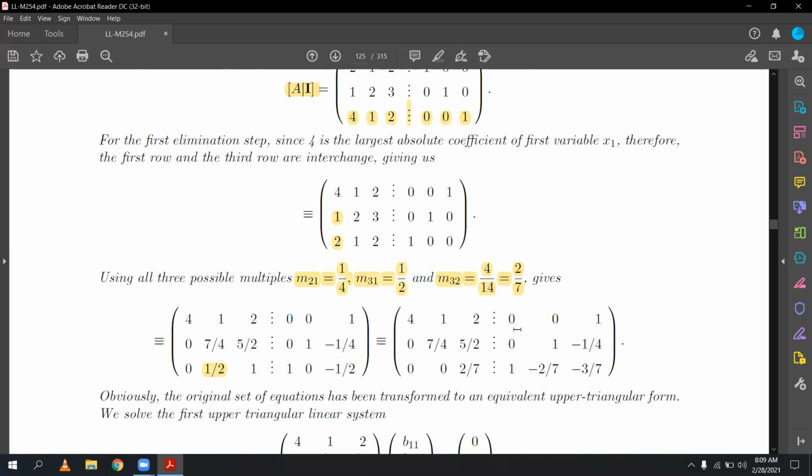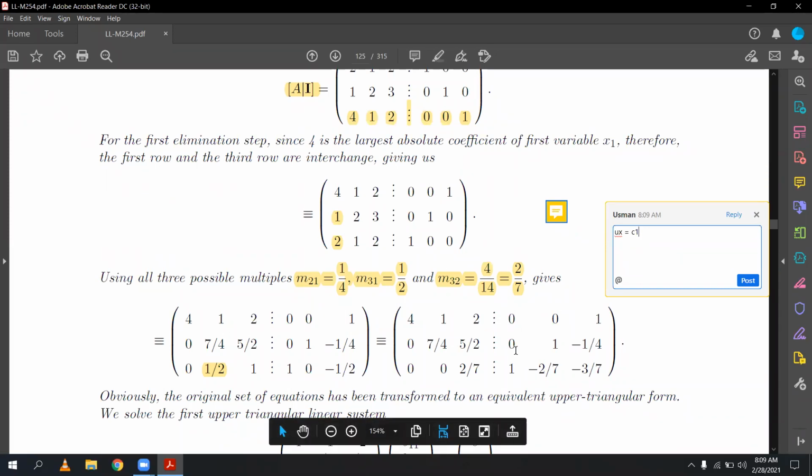So now you have to solve, in this case, backward substitution 3 times. What is the first time? Ux is equal to, let me call it C1. U is this one. And what is your C1? C1 is the first column, this one.